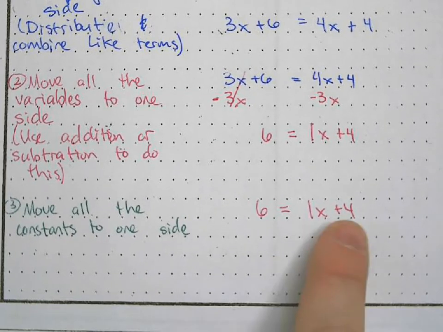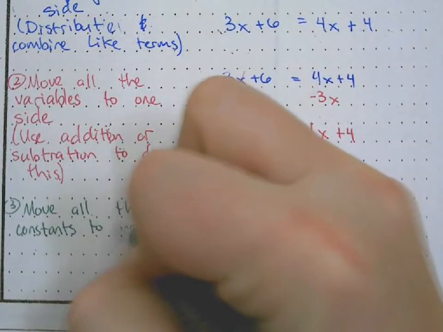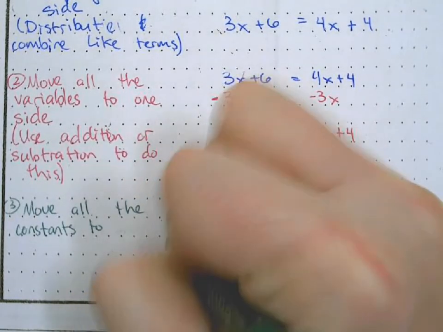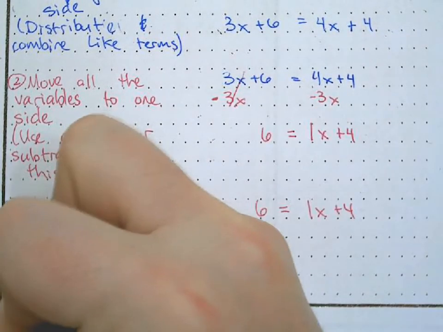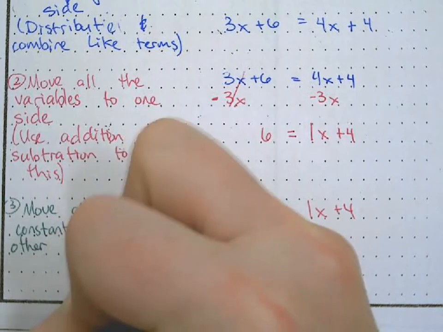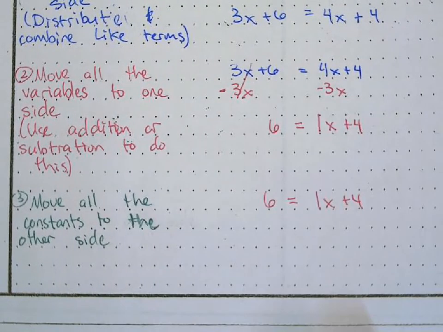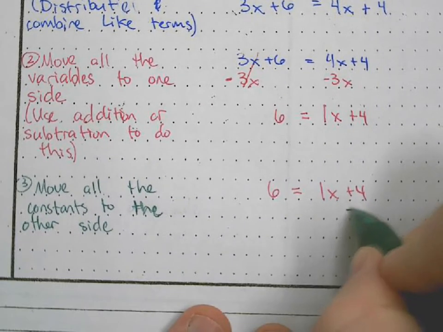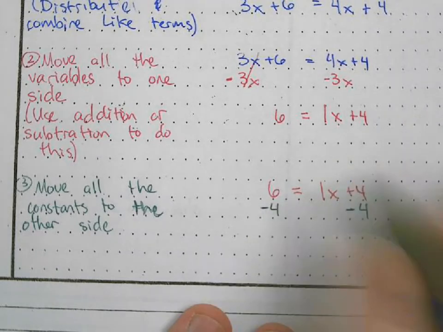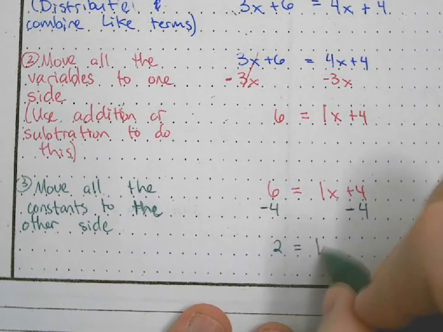Now I want to move my constants to the other side. Because our goal is to isolate the variable, so I'm just trying to solve this equation so I have x by itself. So I'm going to subtract 4 from both sides. 6 minus 4 is 2, and that equals 1x.